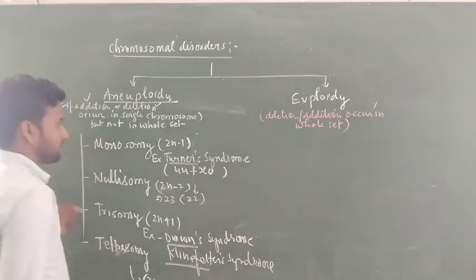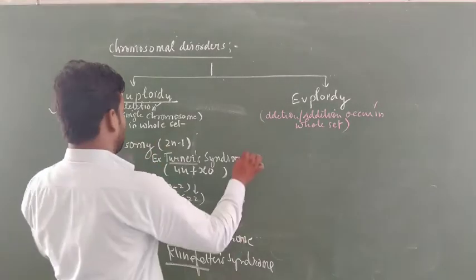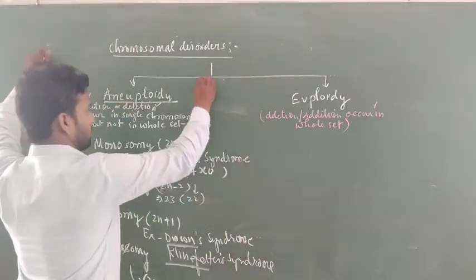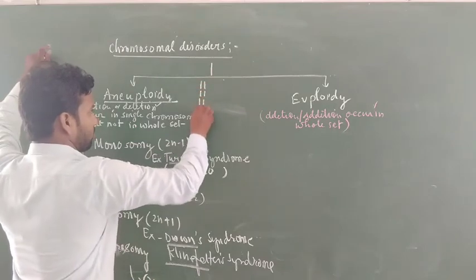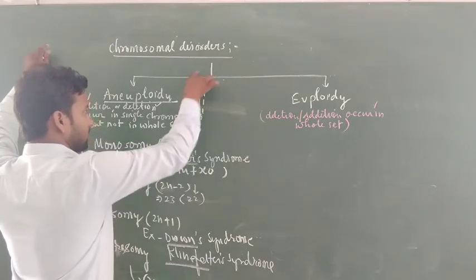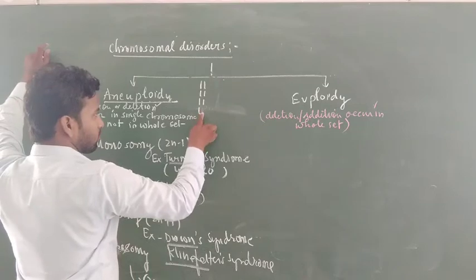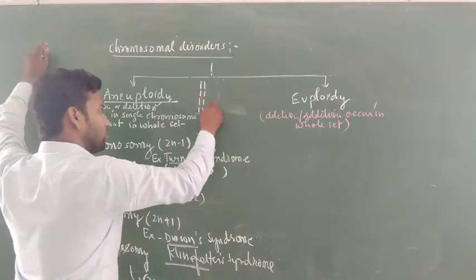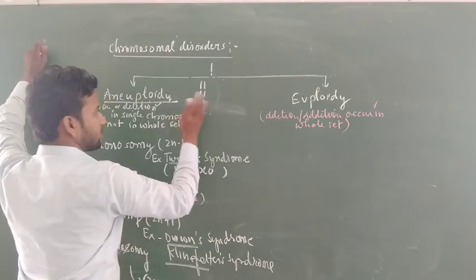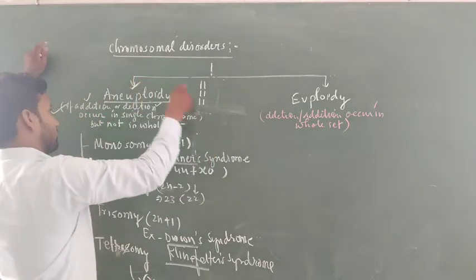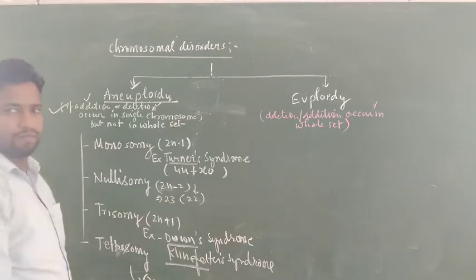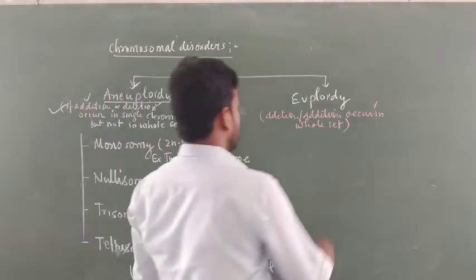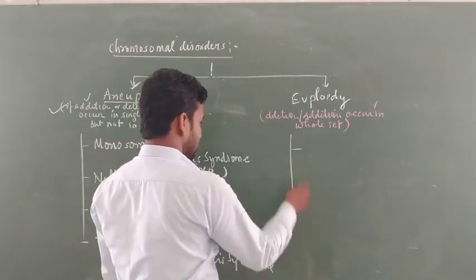Let us understand by a simple graph. Suppose in aneuploidy, an organism has 4 sets of chromosomes. Changes do not occur in all sets; only one chromosome is deleted, or one additional chromosome is added, or 2 additional chromosomes are added. This type of situation is observed in aneuploidy. But in euploidy, the condition is entirely different.